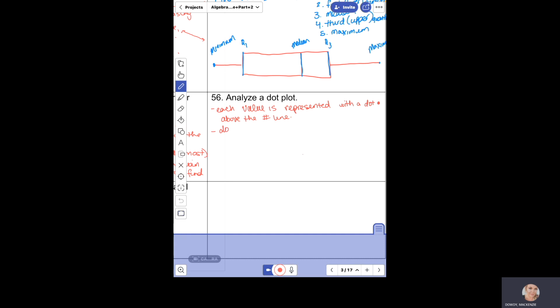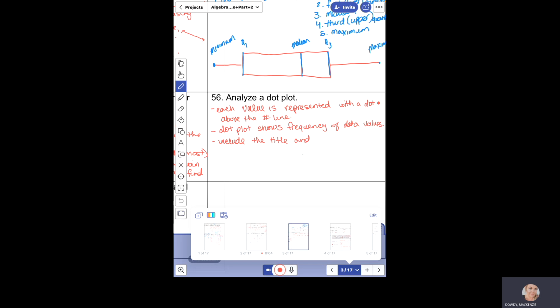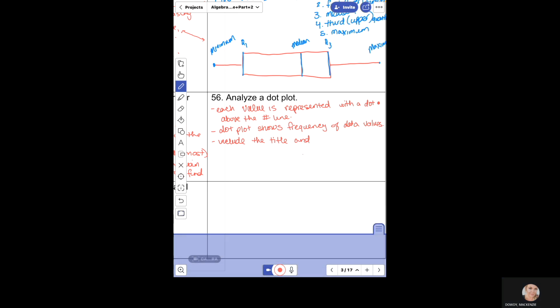A dot plot shows frequency of data values. Make sure you include the title and scale on the number line.